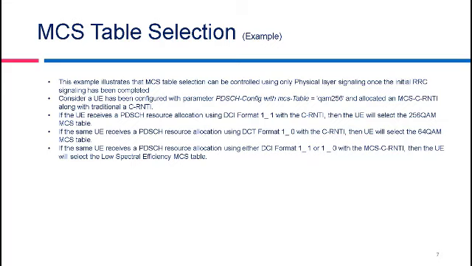So here the table selection does not depend on DCI, but on the MCS C-RNTI, and this MCS C-RNTI indicates the UE to select the low spectral efficiency MCS table.